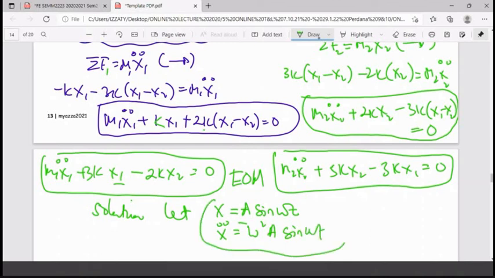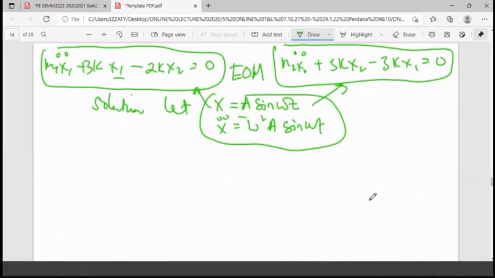Then take this one and put it in the equation. How is it? Let's see this one, m1. This one negative becomes negative omega squared, you have a1, isn't it? Then you have plus 3k, of course we have a1.